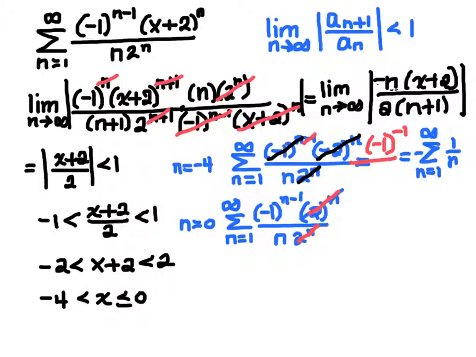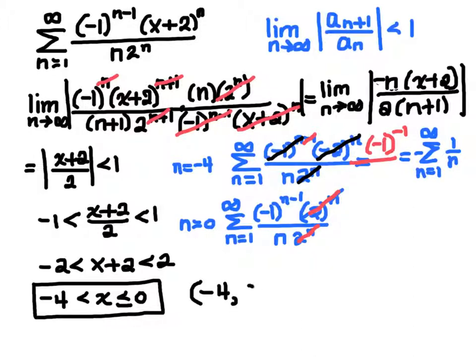So our interval of convergence goes from negative 4 to 0, and it converges at the endpoint 0, but not the endpoint of negative 4. In interval notation, we would say we converge from negative 4, but not including negative 4, to 0, and including 0.